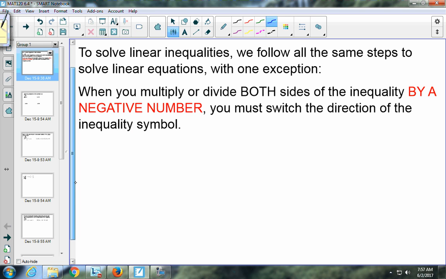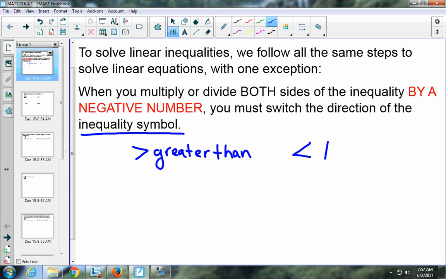So first things first, let's review what those inequality symbols are. This symbol is our greater than symbol, and this one is our less than symbol.